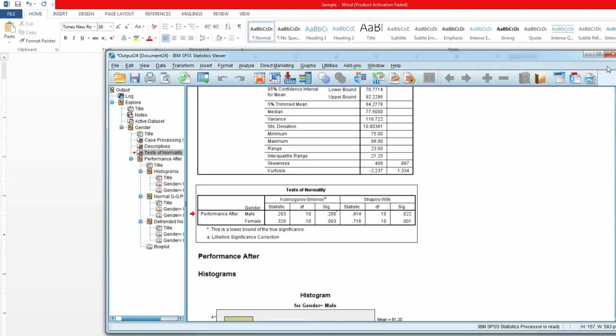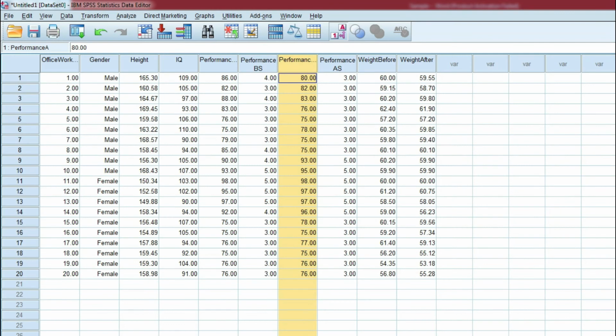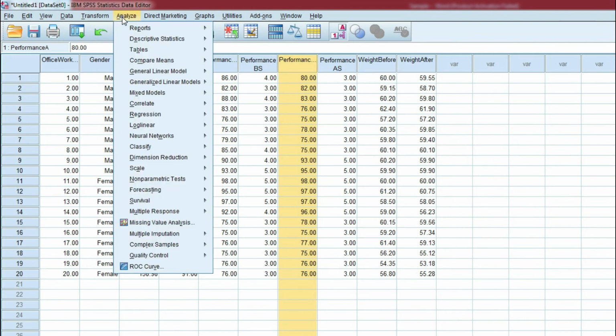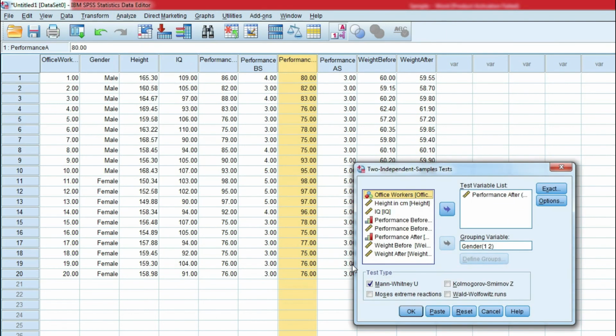So we go back to our SPSS. We go to Analyze. We go to Nonparametric Tests, then Legacy Dialogs, and then we click 2 Independent Samples.